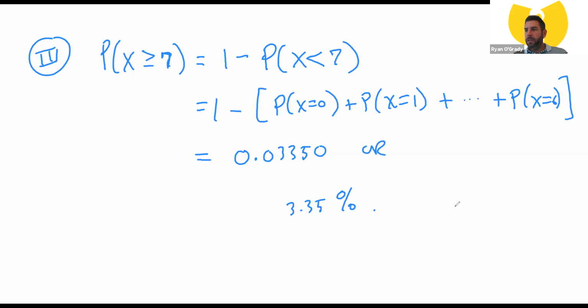What's cool is it turns out the Poisson distribution is actually related to the binomial distribution. By the way, all these distributions we talked about, these are all examples of what we call discrete distributions.